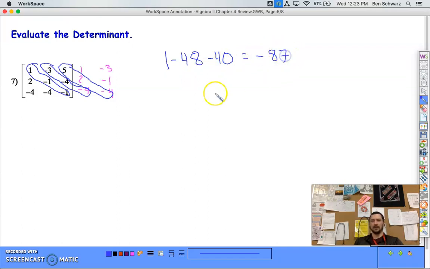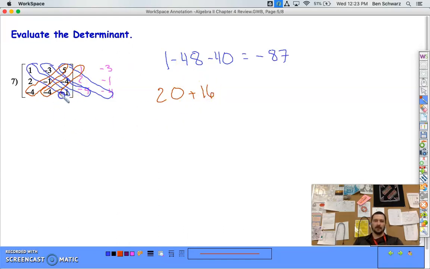7, I believe. And then we've got to go the other way and do the same thing. So -4 times -1 is 4. 4 times 5 is 20. And then -4 times -4 times 1 is 16.